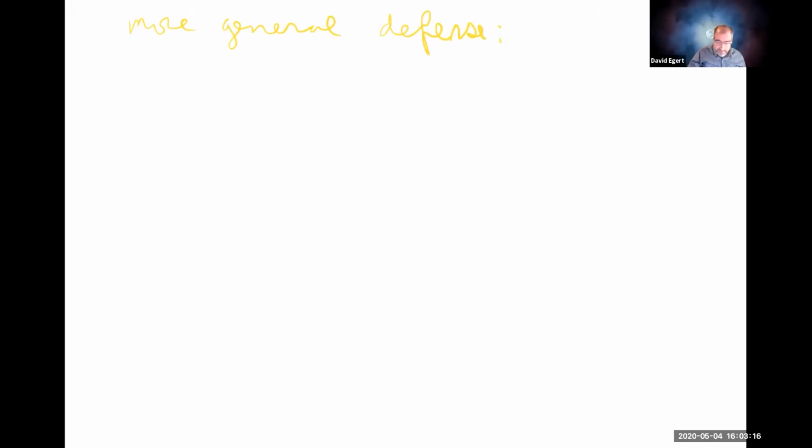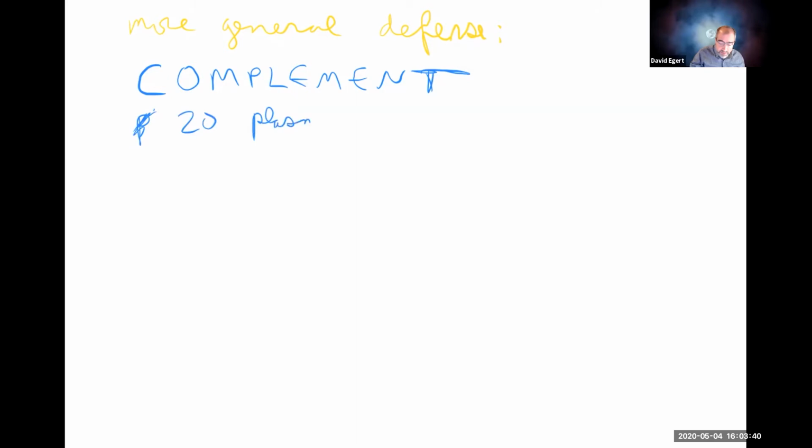So complement. I always dislike the name of this one because it's so generic. It's actually an actual thing. These are plasma proteins. This is like 20 plasma proteins that activate in a cascade.